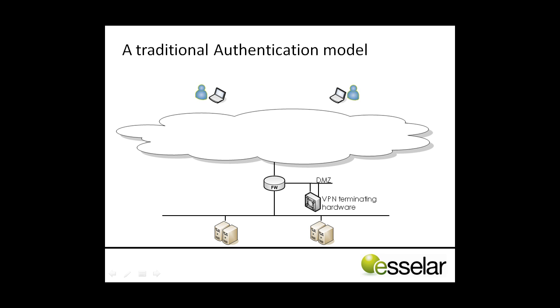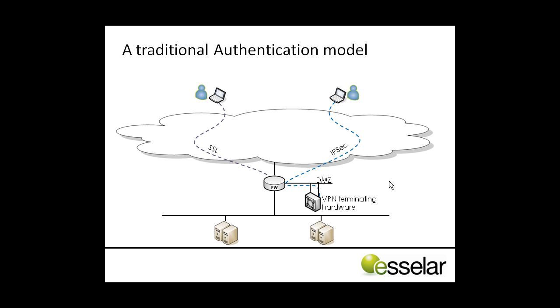Now that you've seen two-factor authentication working in a live example, I'll go into detail as to how two-factor authentication solutions have traditionally been deployed, and then I'll contrast that with how hostedAUTH is deployed for our customers. Traditionally, in this example, we're showing remote access sessions using two-factor authentication. Either IPsec or SSL sessions are established to internal VPN terminating hardware, and the users will be challenged at that point to prove they are who they say they are.